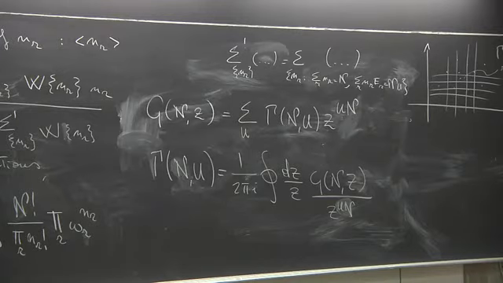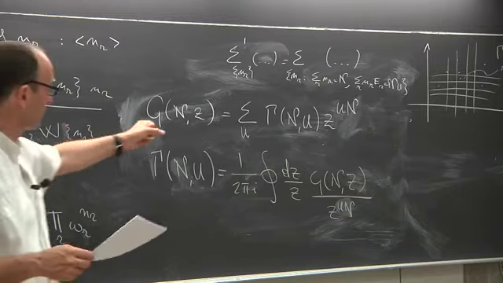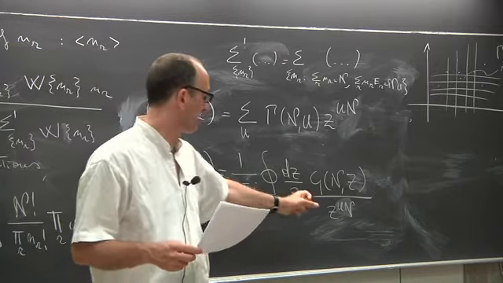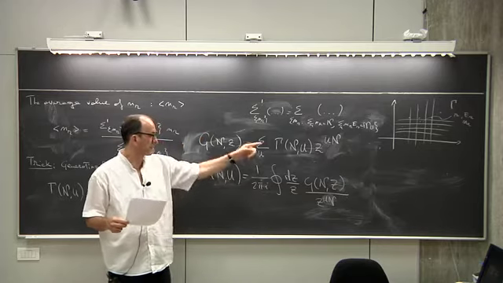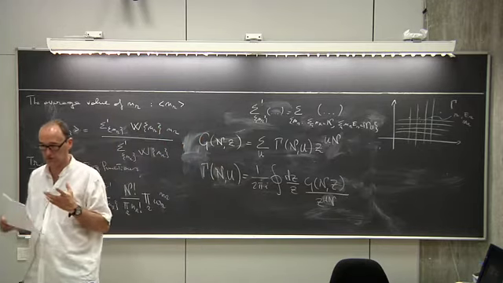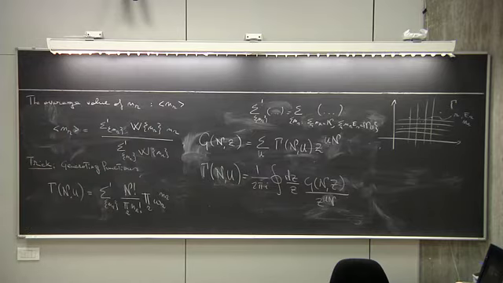So what I will do in order to compute this is first to compute this, and then use this formula to compute the coefficient of z to the u times n of g. Is this clear?